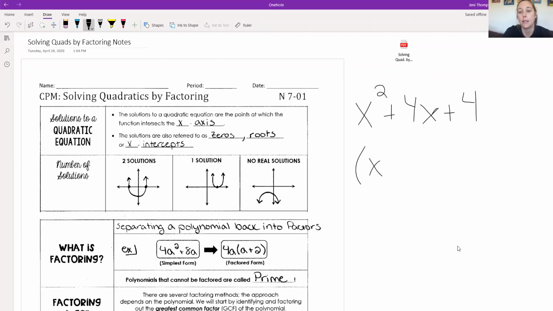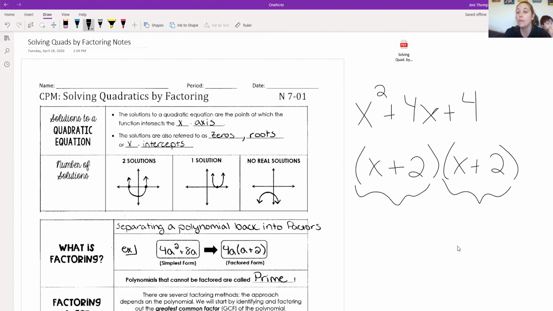Well, that breaks down to x plus 2, x plus 2, right? So when we solve this, we're going to be setting each of these equal to 0 and then solve for x. They're the same thing though, right? So x plus 2 equals 0. x equals -2. That's like finishing out solving the quadratic.